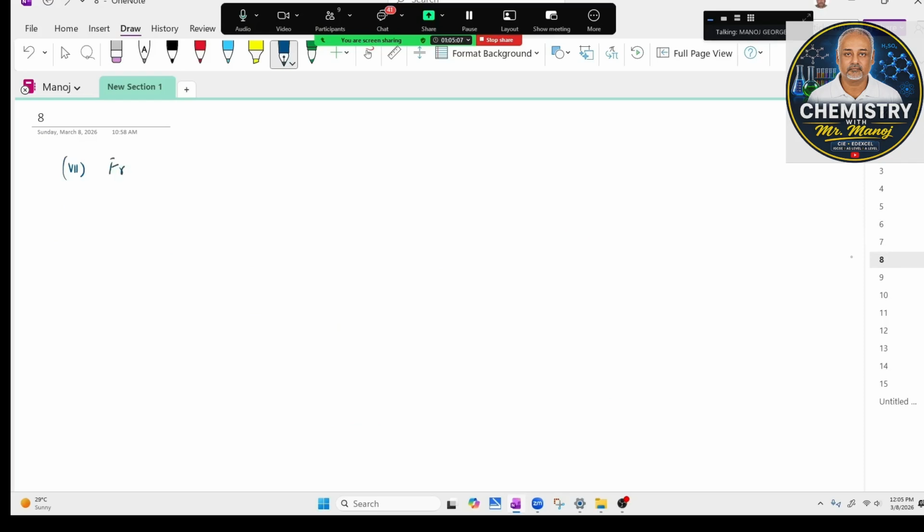So this is now the last of the reactions, Friedel-Crafts acylation, which also follows electrophilic substitution, because one H of the ring is going to be replaced by somebody else. So electrophilic substitution. Okay.